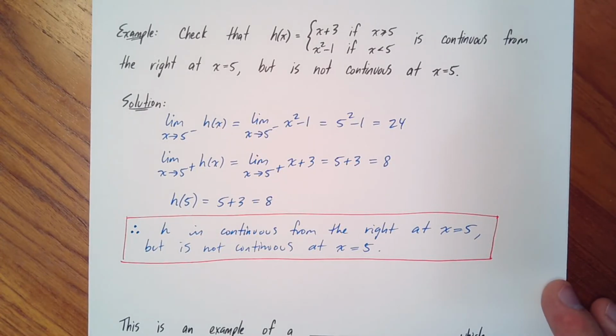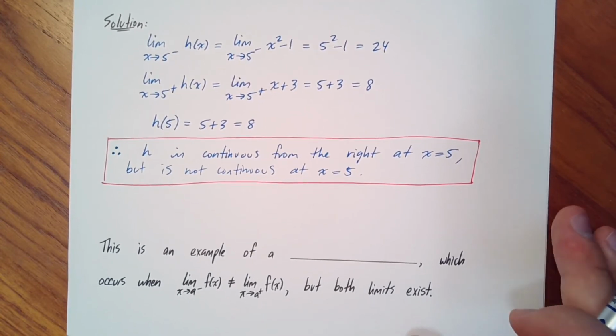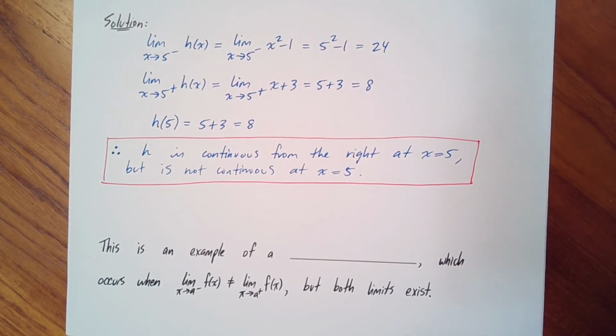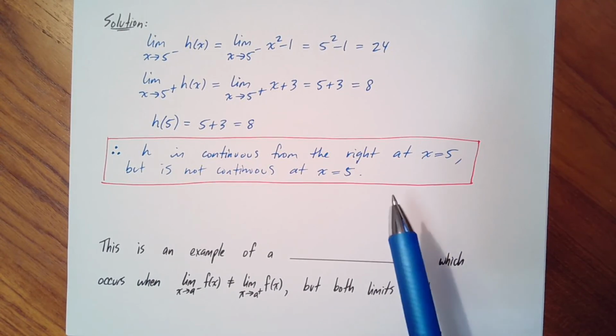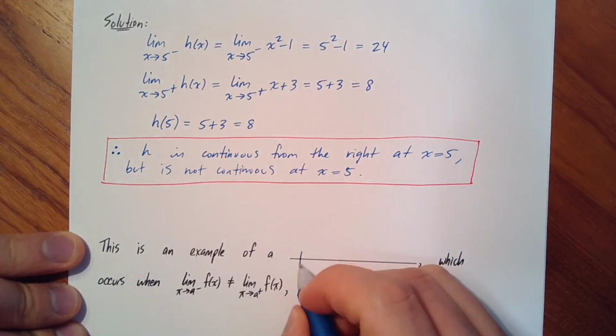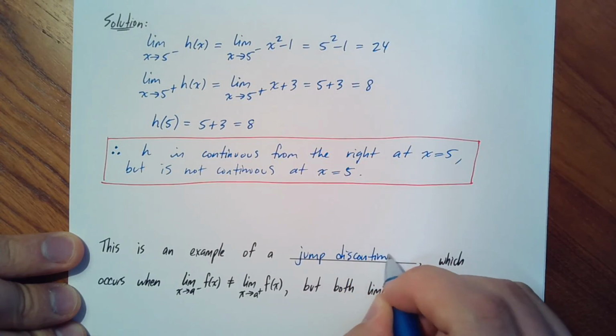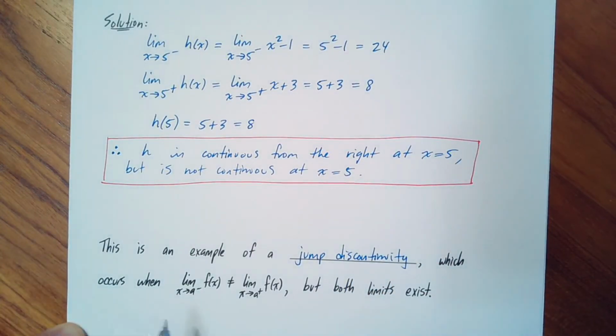Okay, we've seen 2 different kinds of discontinuities in this section so far. We've seen removable discontinuities, and we've seen infinite discontinuities. In this case, this is an example of the third type of discontinuity we're going to talk about, which is a jump discontinuity. So this is an example of a jump discontinuity, which occurs when the limit as x approaches a from the left of f of x is not equal to the limit as x approaches a from the right of f of x.